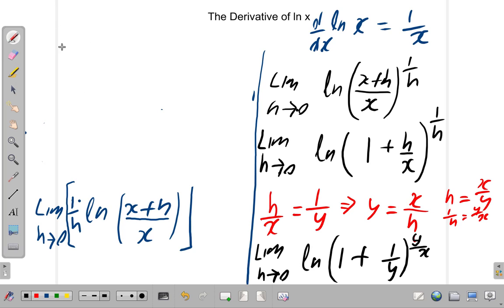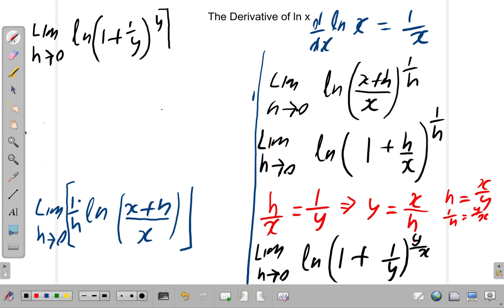Alright, so in this case we're looking at the limit as h approaches 0 of ln 1 plus 1 over y to the power of, you can rewrite this as 1 over y to the power of y, and then all of that is raised to the power of 1 over x, because remember the laws of indices, a number raised to a power and all of that raised to another power.